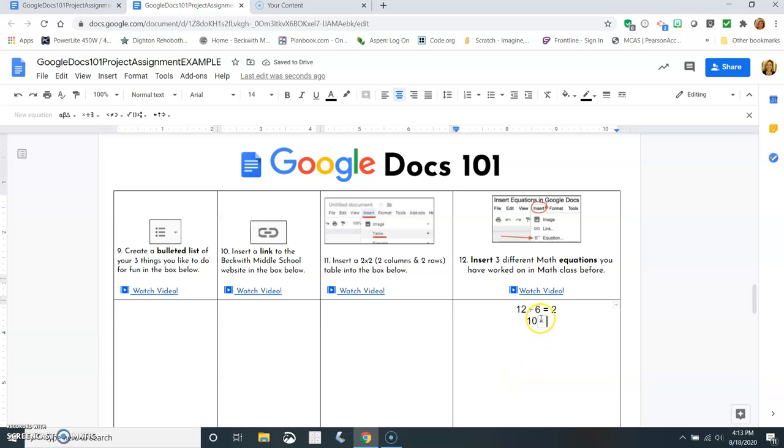And then you have the little box around there, so I want to get out of that with my right arrow. See how it gets you out of that? And now I'm going to say 10 divided by 5 equals 2. So that's 2 equations.